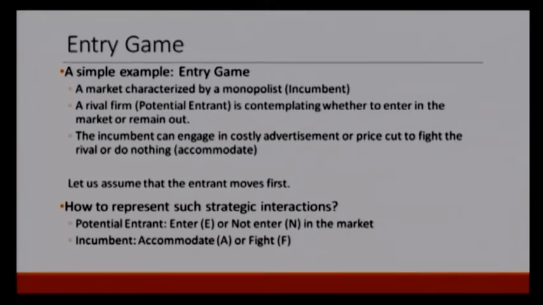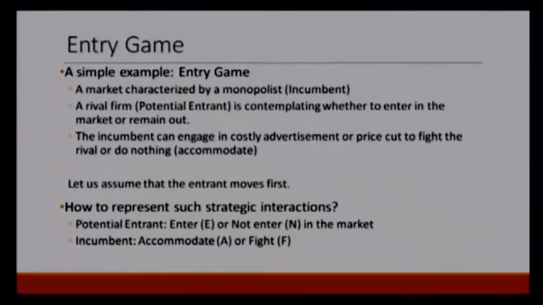The incumbent, that is the monopolist, can engage in costly advertisement or price cut to fight the rival, or do nothing. We can assume that the entrant moves first. Let us say that the incumbent is not able to figure out beforehand whether the entrant is going to enter or not. Only once the entrant enters the market, the monopolist observes it and then takes the action.